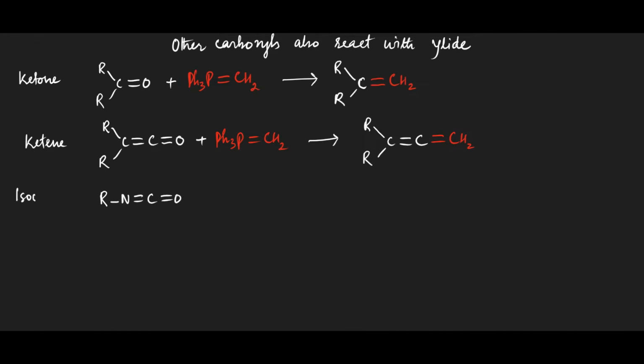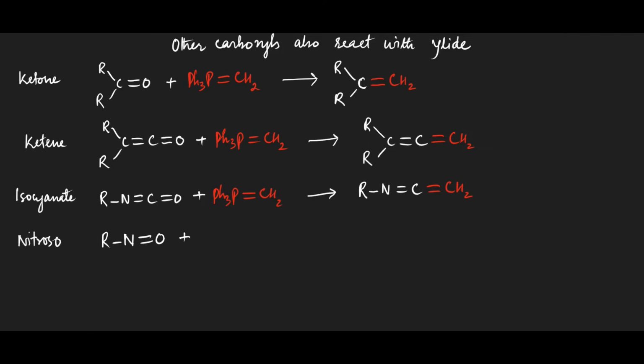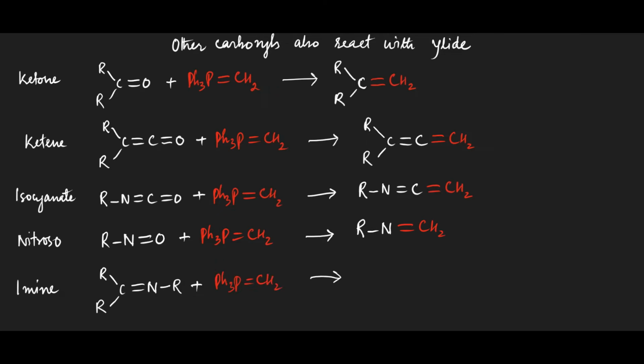Similarly, isocyanate reacts in a similar manner with an ylide to form the product, wherein the oxygen of the isocyanate is swapped with the alkyl part of the Wittig reagent. Same is the case with a nitroso compound, where oxygen is swapped with the alkyl part. Rest remains as such. The C=N bond is a masked carbonyl. Hence, upon reaction with a Wittig reagent, NR is replaced with the alkyl part of the Wittig reagent to form the alkene product.